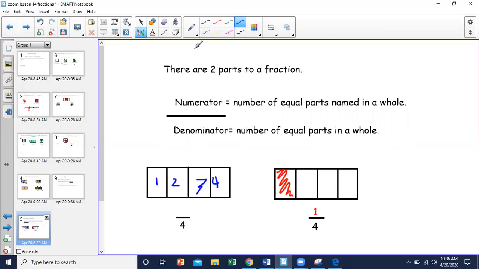One part was shaded in. This represents the numerator, because the numerator tells us how many equal parts are named. And when you hear the word named, I want you to think of something being shaded in a whole or something being taken away out of a whole. So we have 1 shaded, so the fraction will be 1/4.